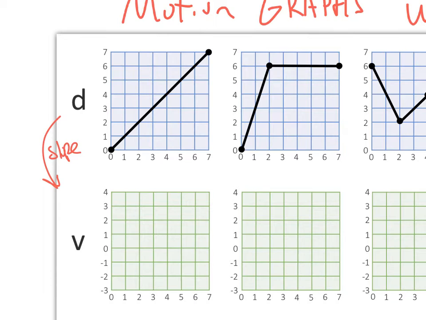Slope-wise, I'm going to go up 2 and over 2, so that gives me a nice slope of 1. So over that whole interval it's a constant velocity. I'm going to start at the beginning of the interval and go at a constant slope, in this case 1, all the way to the end of that interval.